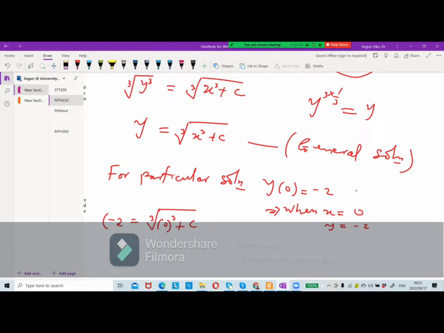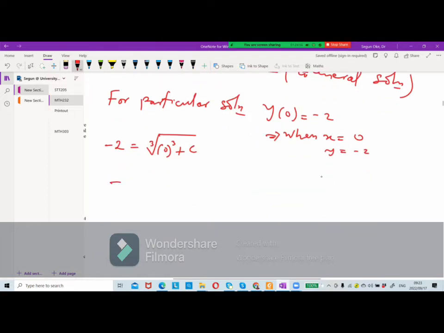Let me put the general solution here. But now, if I want to solve this problem, I have minus 2 equals cube root of 0 cubed. Is 0 raised to power 3 still 0, right? Yes, sir. So we have cube root of C. Now, I need somebody to tell me, how do I get my C, ordinary C, out here?